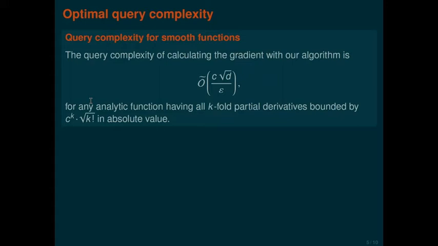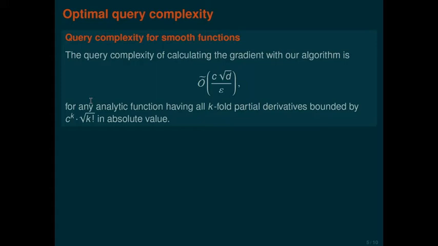And the actual query complexity, after some more work, the best theorem which we could basically prove using these results is the following. If I have a function which is, again, analytic, and we could slightly lift the requirements.